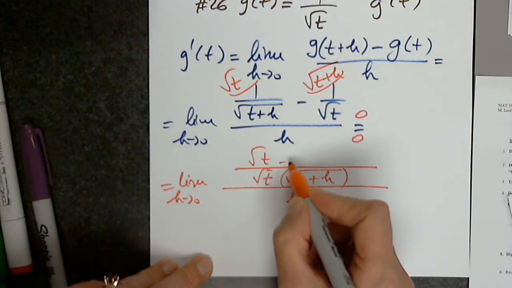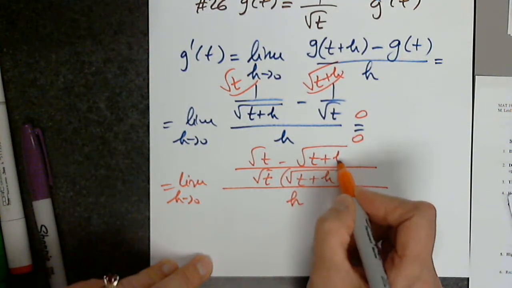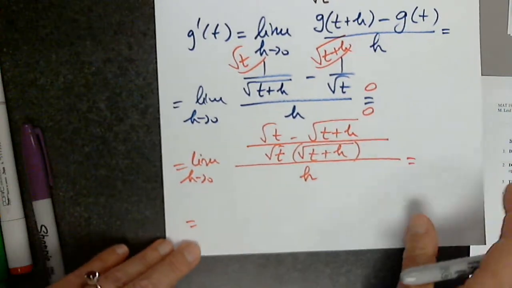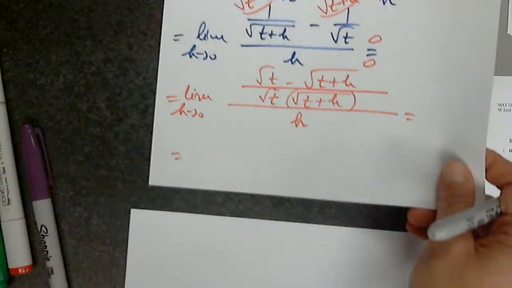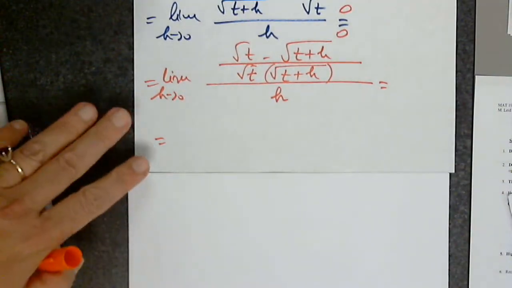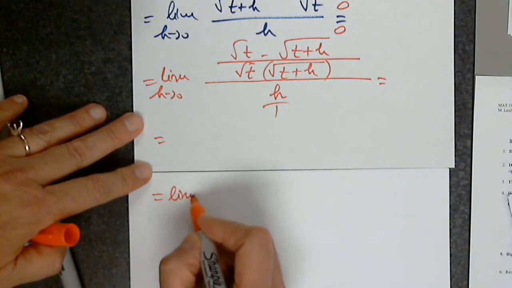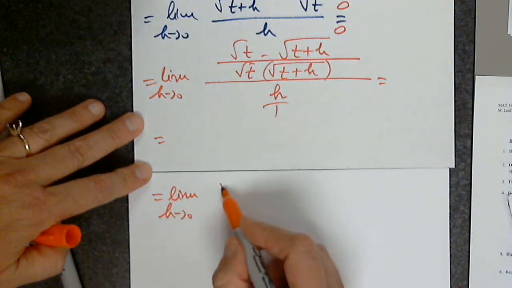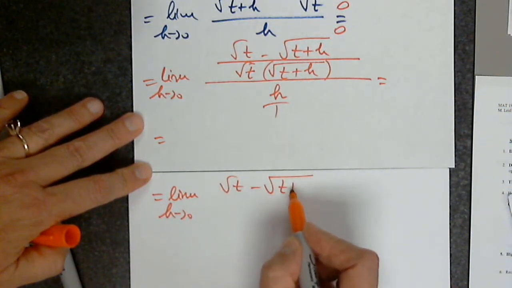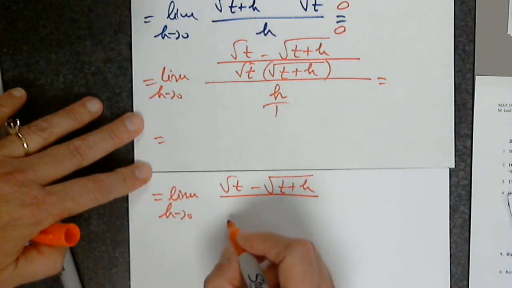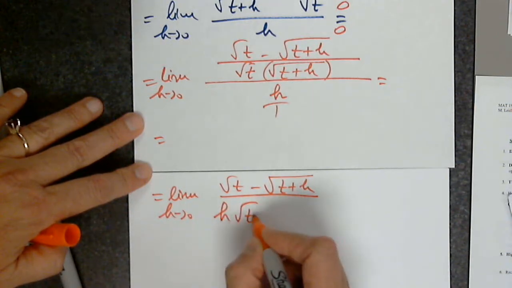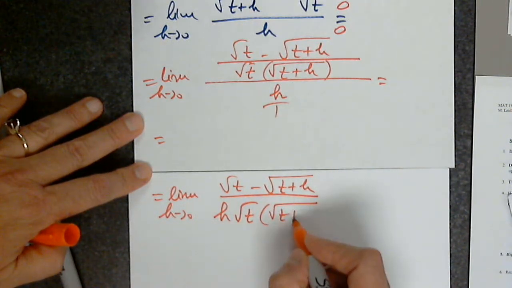So the square root of t minus the square root of t plus h. What do I do now? We had this again over and over. I'm going to flip h. So I have limit as h approaches 0 of the square root of t minus the square root of t plus h, divided by h times the square root of t times the square root of t plus h.